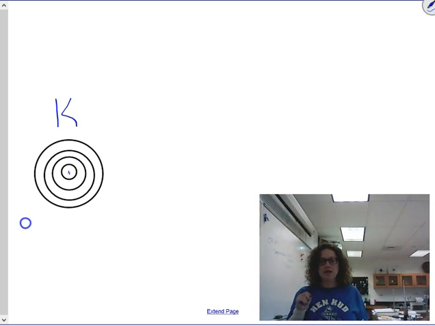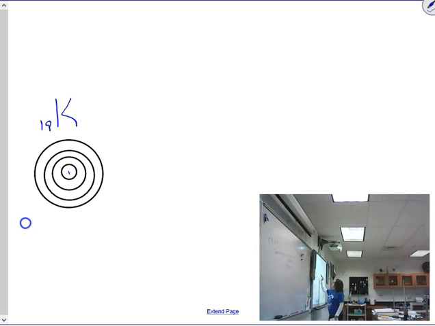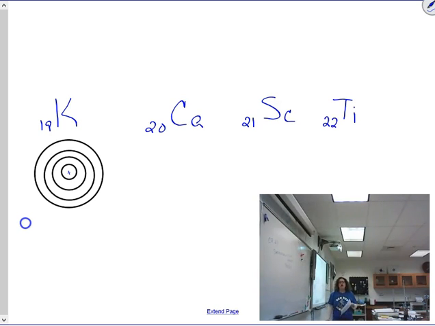After potassium, number 19, the next element, number 20, is calcium. And the next element, number 21, is scandium. And titanium is number 22. So, let's examine their electron configurations.